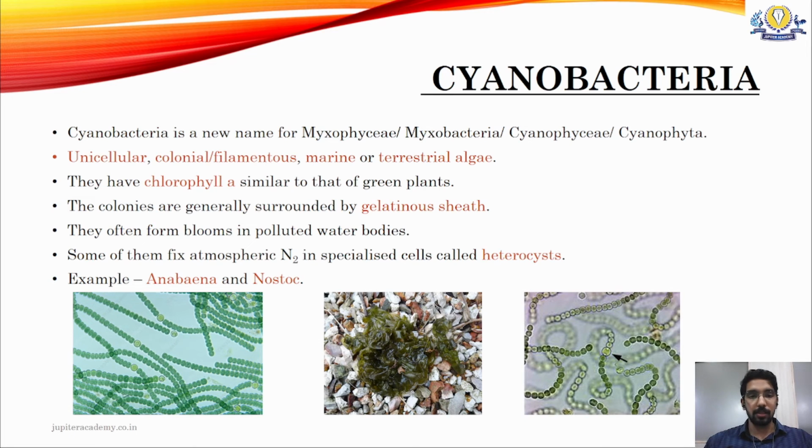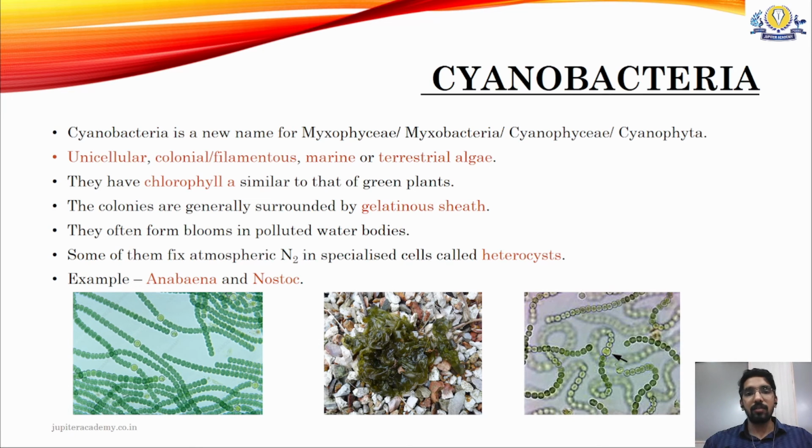Some of these cyanobacteria are able to fix nitrogen, meaning they convert atmospheric nitrogen into organic, or soluble, nitrogen. Such a process is called nitrogen fixation, and such bacteria are called nitrogen fixing bacteria.